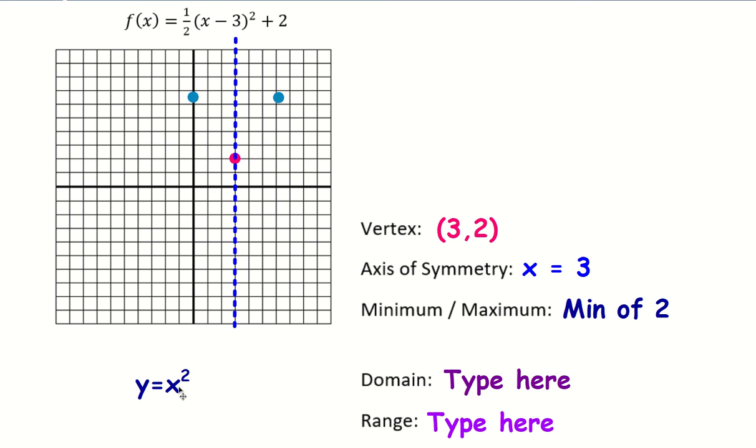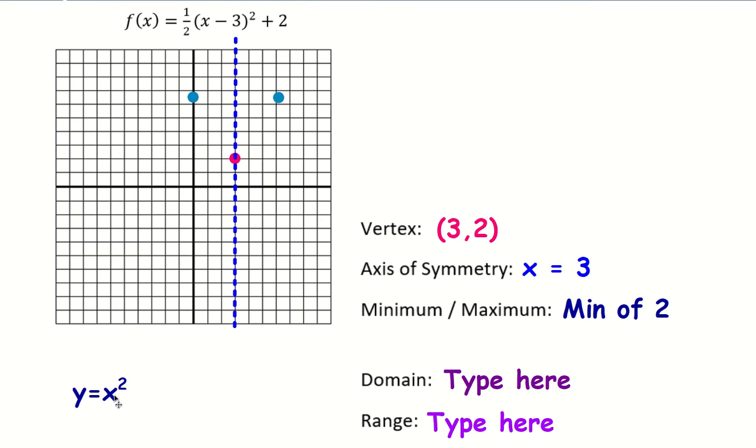And this right here, as plain and basic of a quadratic function as you can get, just y equals x squared, that is the most basic parabola you could have. And this graph has its vertex at (0, 0).